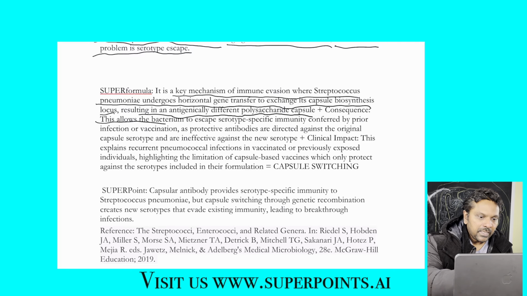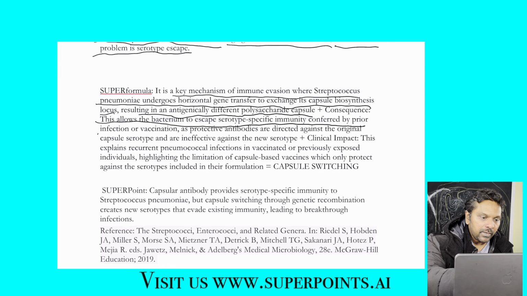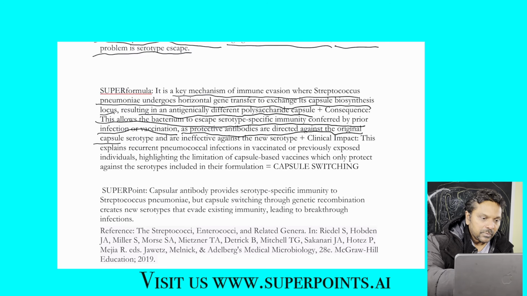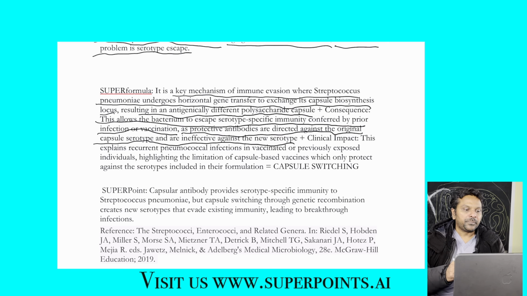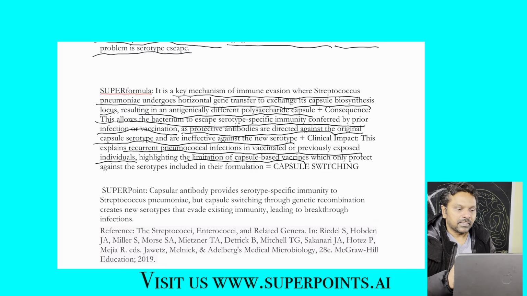This allows the bacterium to escape serotype-specific immunity conferred by prior infection or vaccination, as protective antibodies are directed against the original capsule serotype and are ineffective against the new serotype. This explains recurrent pneumococcal infections in vaccinated or previously exposed individuals, highlighting the limitation of capsule-based vaccines.